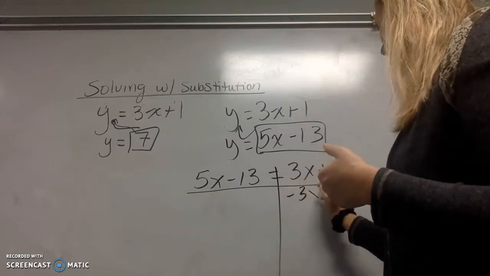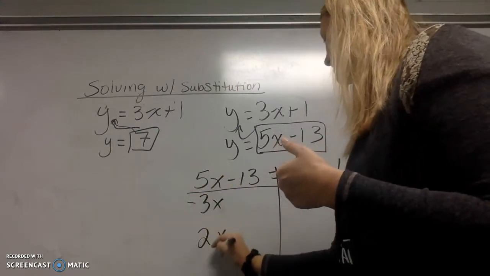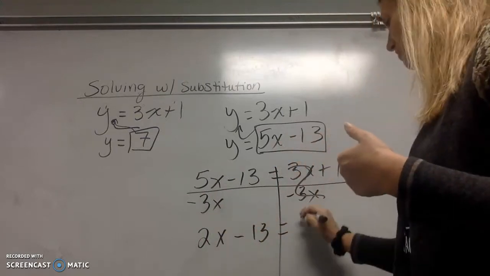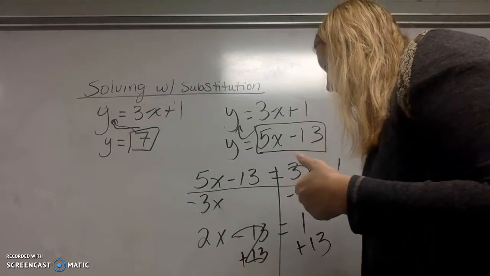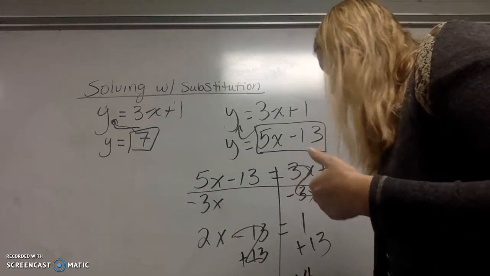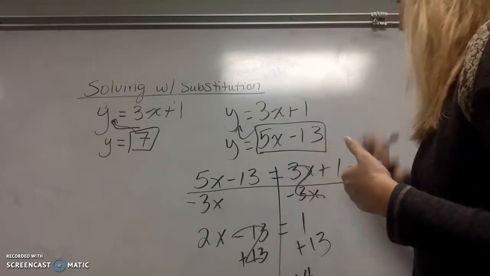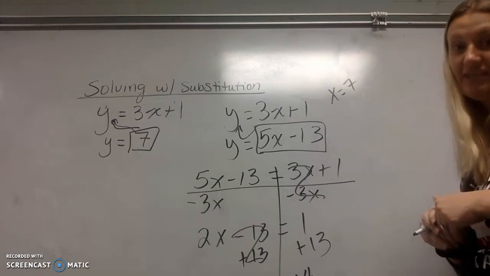So subtract 3x. I have 2x minus 13 equals 1. Add 13. 2x equals 14. Divide by 2. X equals 7. So in this problem, our x is equal to 7.